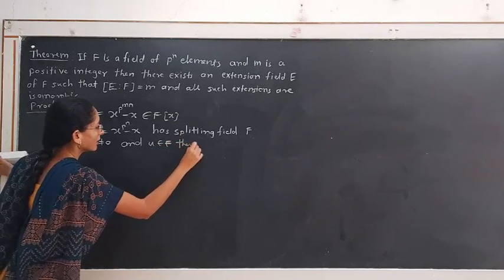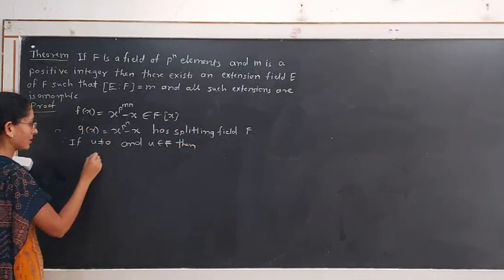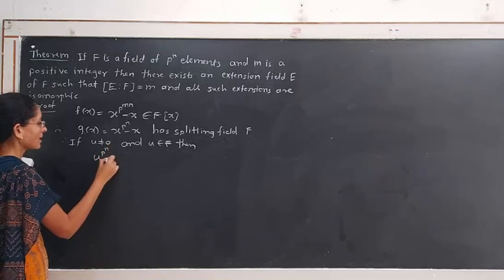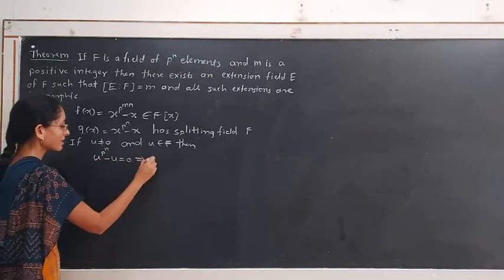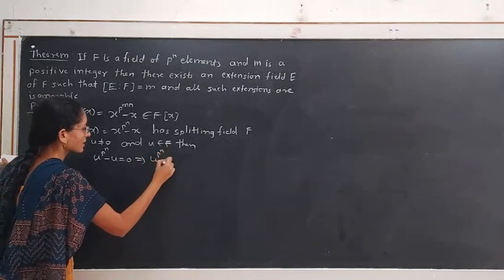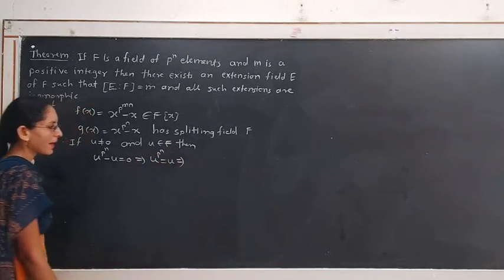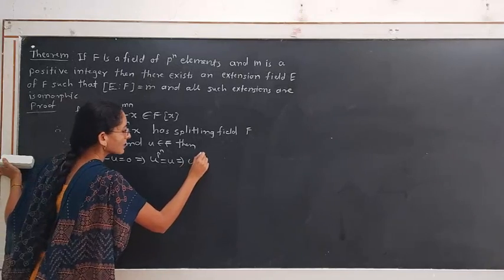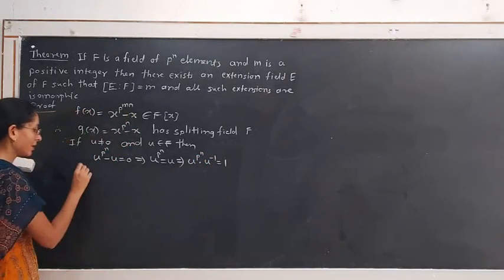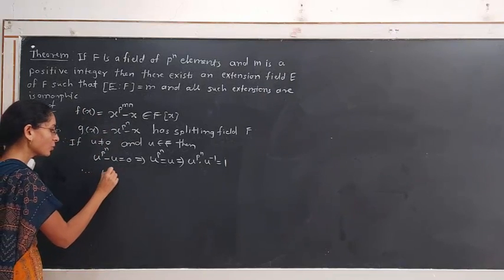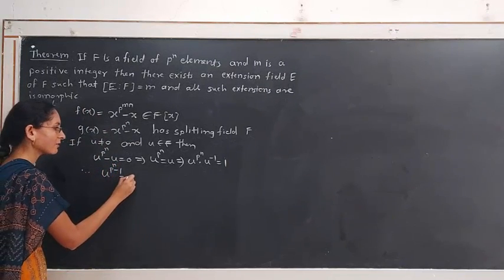then u satisfies this equation, u raised to p raised to n minus u equal to 0. This implies u raised to p raised to n is equal to u, which implies u raised to p raised to n into u raised to minus 1 is equal to 1, that is, u raised to p raised to n minus 1 is equal to 1.